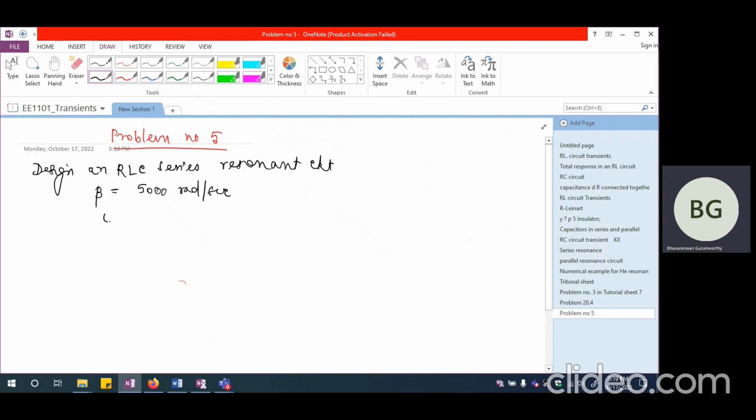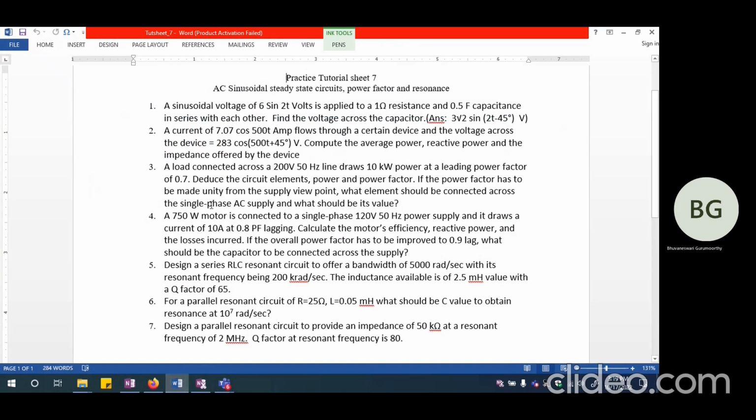And omega naught is 200 multiplied by 10 power 3 radians per second, kiloradians per second, and inductance available is 2.5 millihenry with a Q factor of 65.